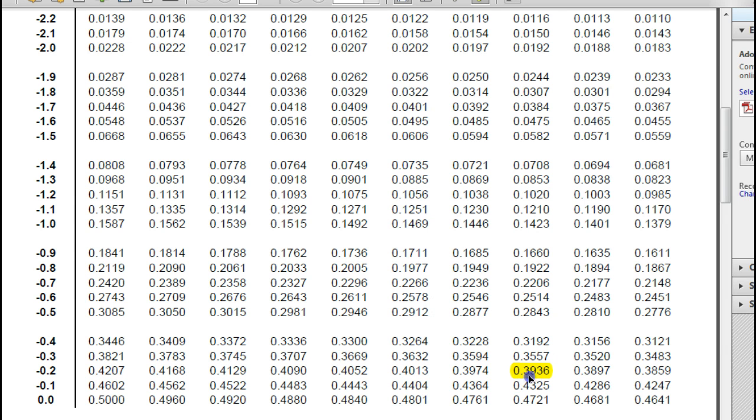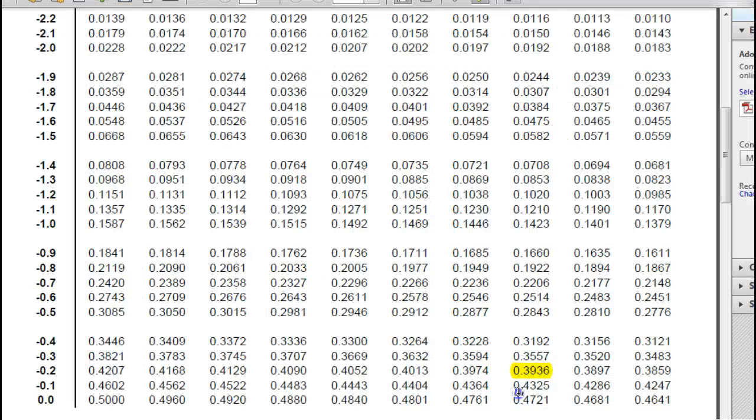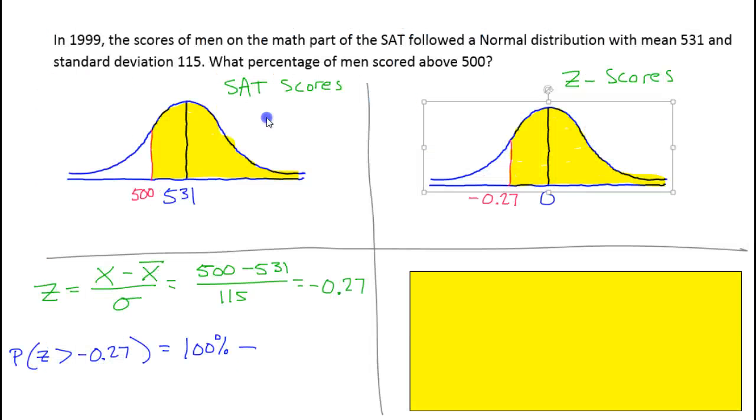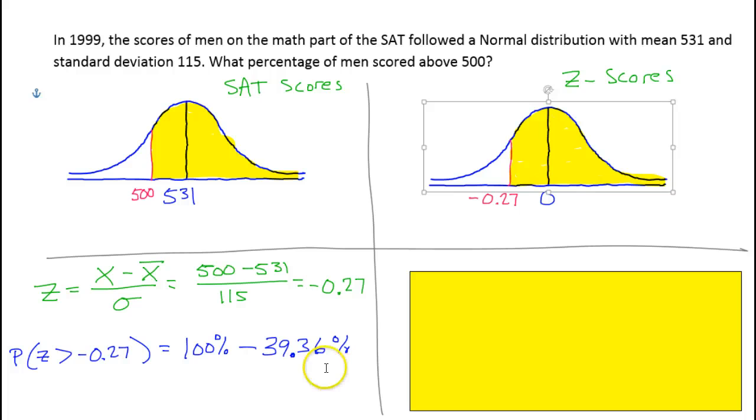Now the decimal 0.3936 is the same as the percentage 39.36%. So that's the percentage to the left, 39.36. To find the percentage to the right, we need to subtract this from 100. I have a horrible memory.